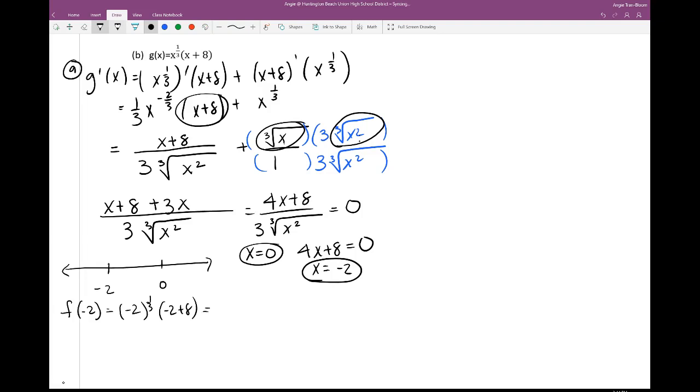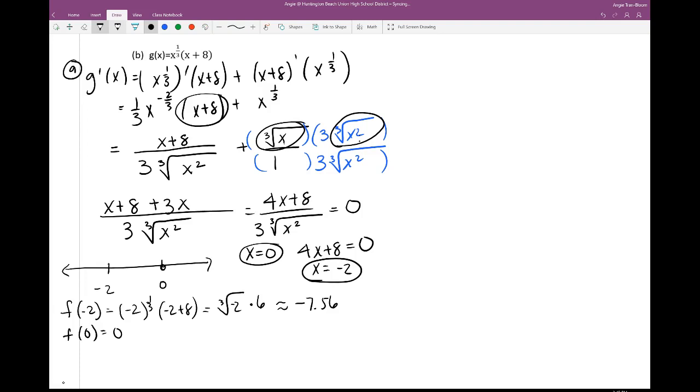So that's really the third root of -2 times 6, which is about -7.56, okay? And let's plug in 0. f of 0 is going to be 0. So one of it is negative.